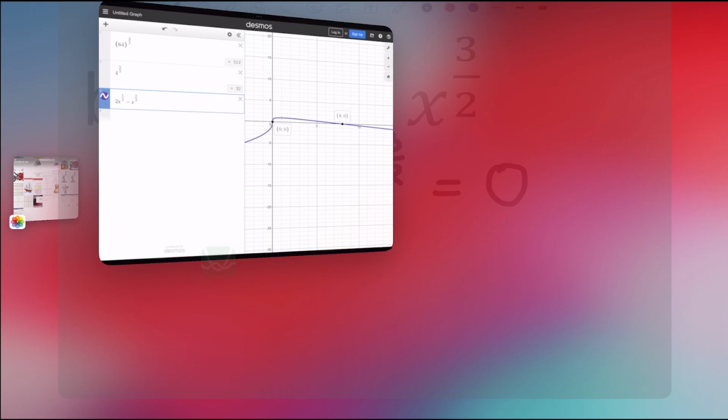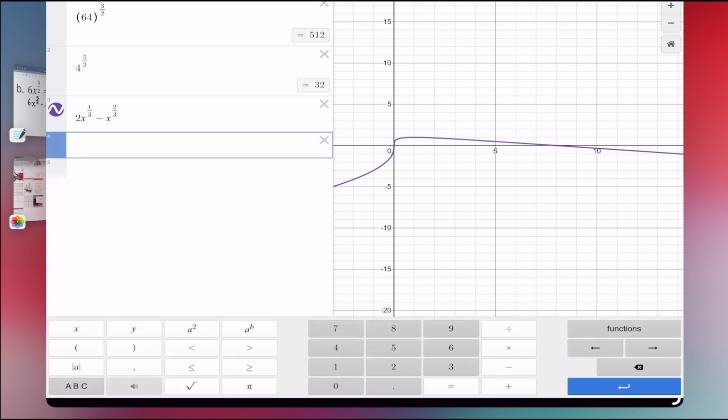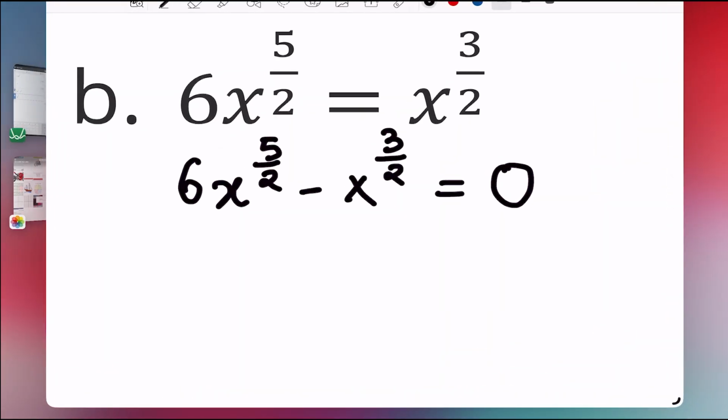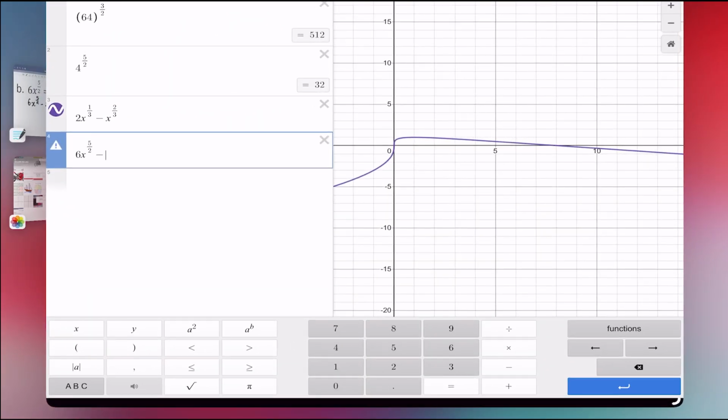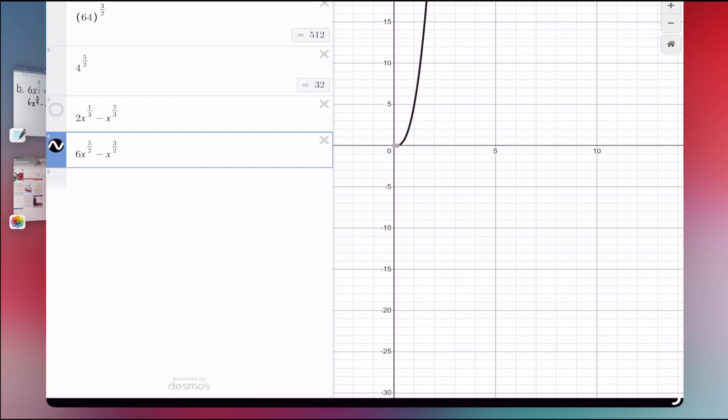Step 1, let's go ahead and plug this into Desmos. 6x to the power 5/2 minus x to the power 3/2. Let me turn this off and close all of these, we don't need these.